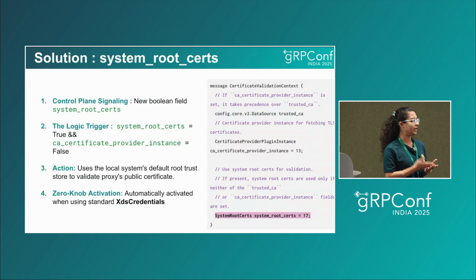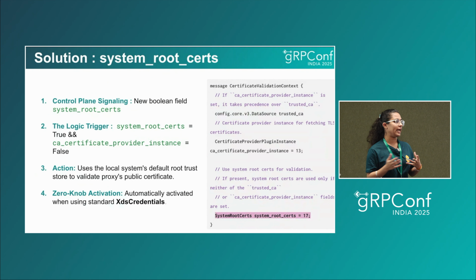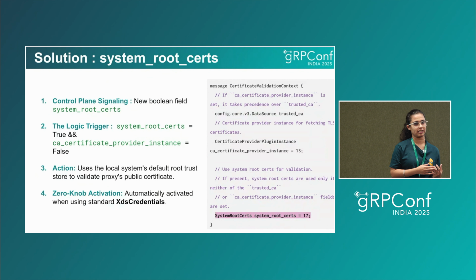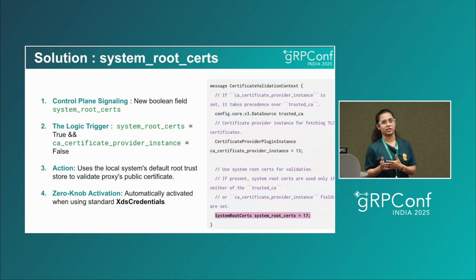One is this newly introduced system root certs and the other is the CA certificate provider instance. If the system root certs is true and the CA certificate provider instance is false, it will ignore any previous mesh CA configurations that it might have gotten and use the system's default root trust store to validate the proxy.